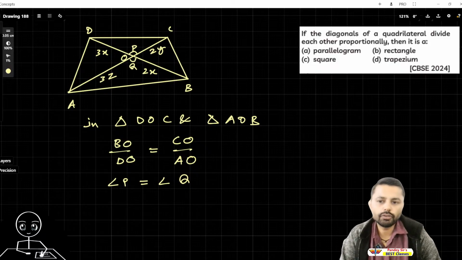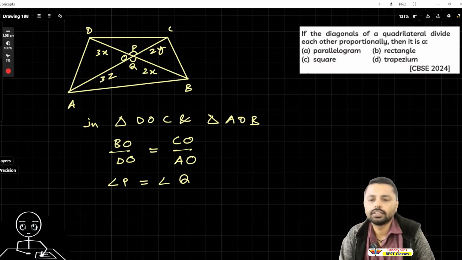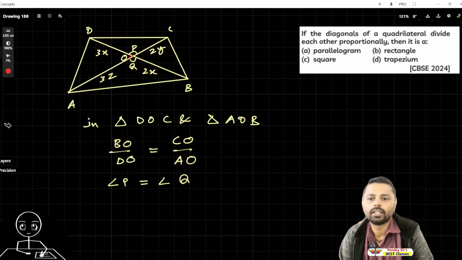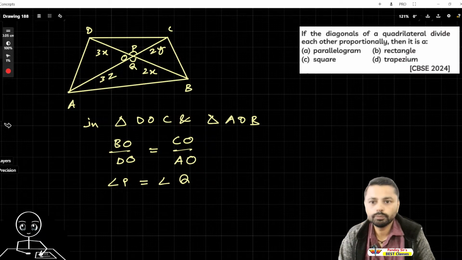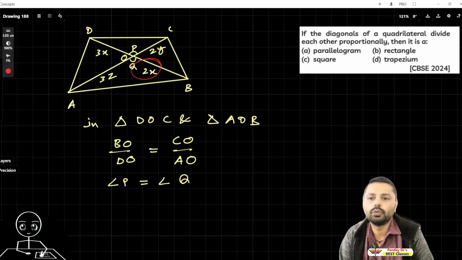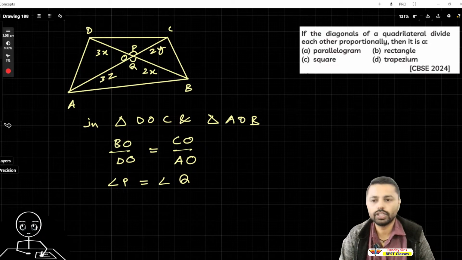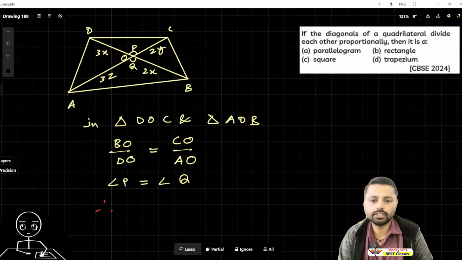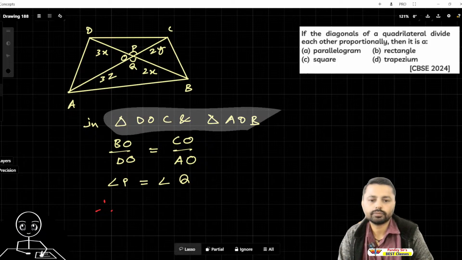Now, what is found out in these two triangles? This triangle and this triangle, the sides are in the same ratio. Okay, 2x by 3x and 2y by 3z, and also one angle is equal, side angle side. Okay, it means therefore these triangles are similar.